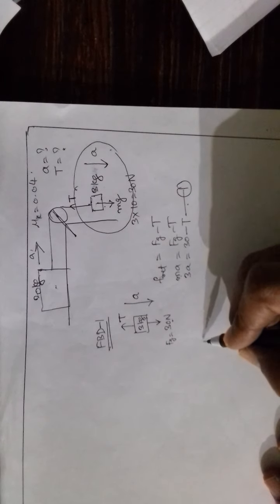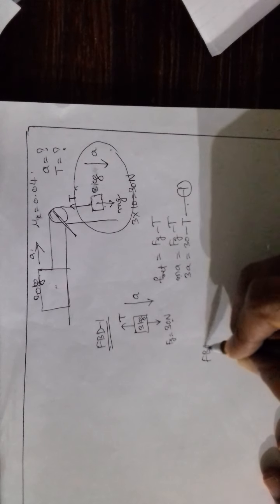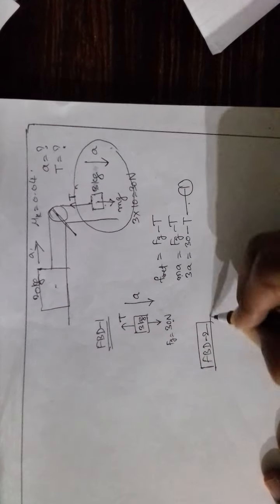Now let us consider the second free body diagram, that is the trolley.